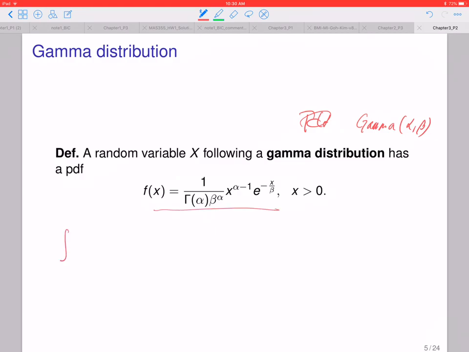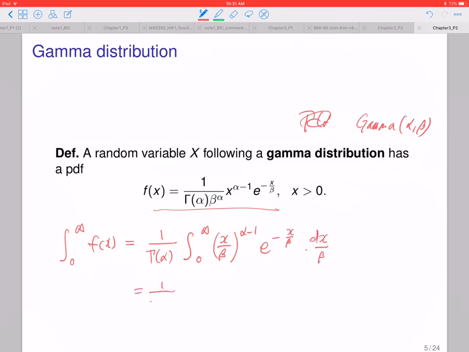The integral from 0 to infinity of f(x) can be written as the integral of beta^alpha over gamma(alpha) times x^(alpha minus 1) e^(minus beta x) dx.